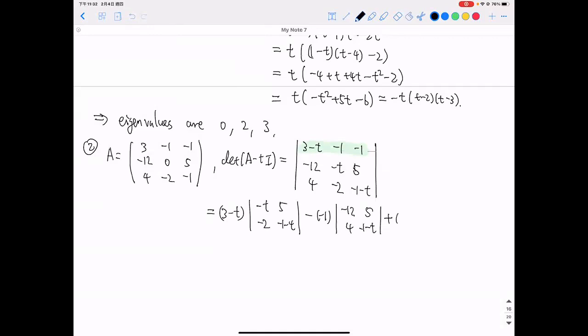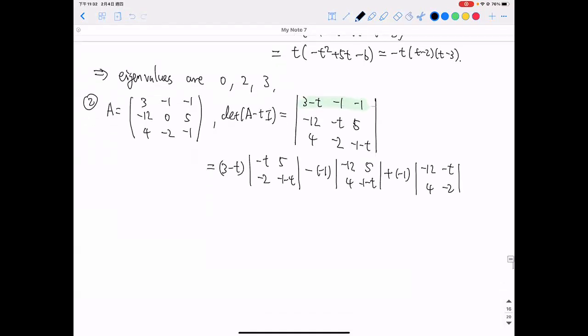Plus minus 1 times the determinant of minus 12, 4, minus t, minus 2. Okay, and let's just proceed to compute everything. So this is minus t times minus 1 minus t, so t times 1 plus t, minus negative 10, so plus 10.